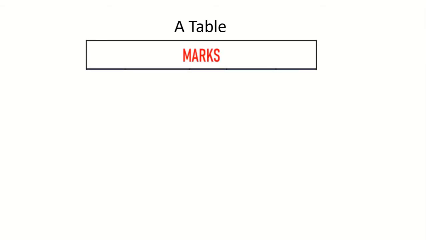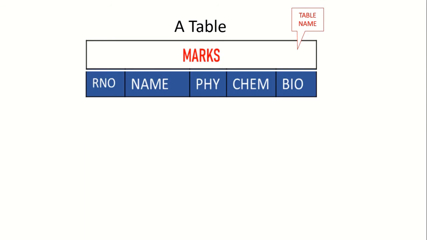Let's see more closely what is a table. A table has a name. Here it is marks. It has table headings, say column headers: roll number, name, physics, chemistry, biology.